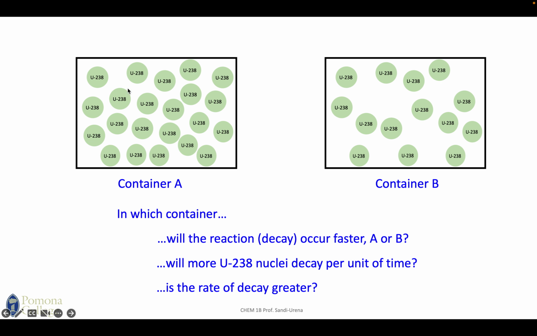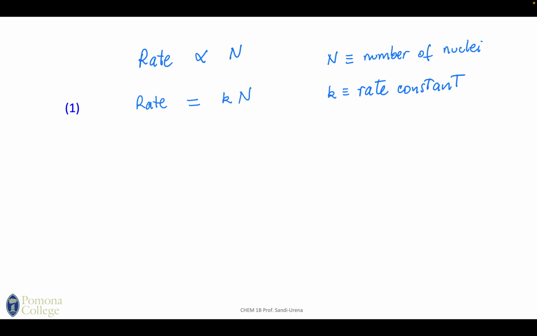But one particle up here could stay unreacted for a very long period of time, whereas the one next to it reacts very quickly. So the particles are decaying individually, at different times. How many particles react per unit of time is what makes what we call the rate. Try to keep that in mind. When we talk about the rate of the reaction, we don't imply that all of the particles are reacting at the same time.